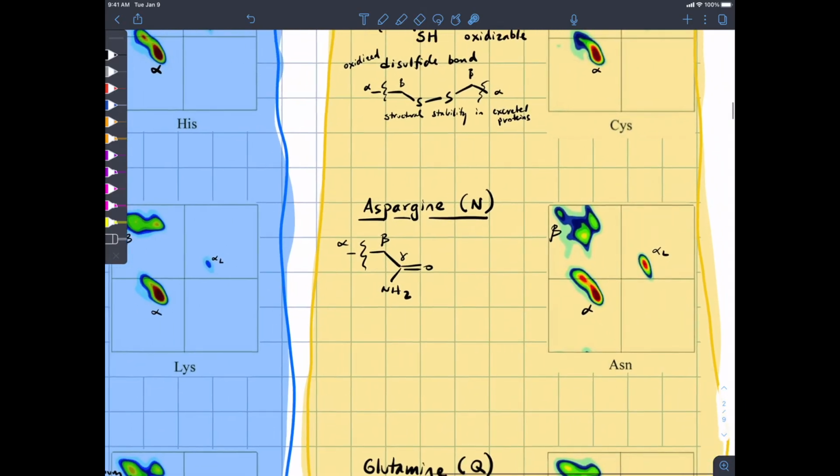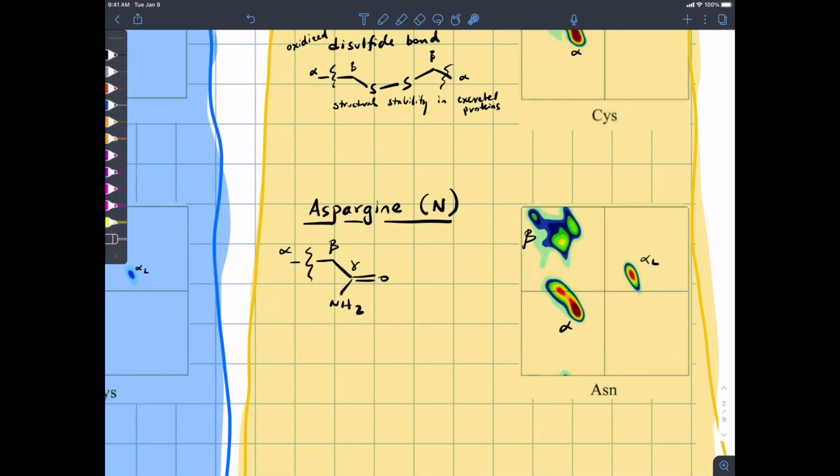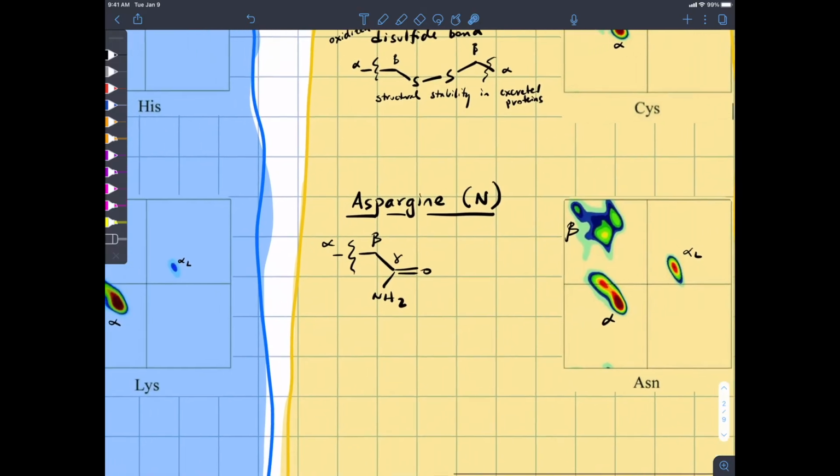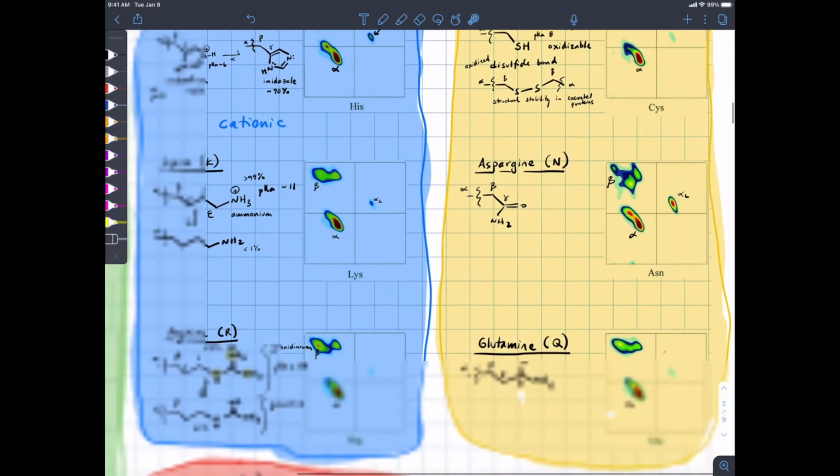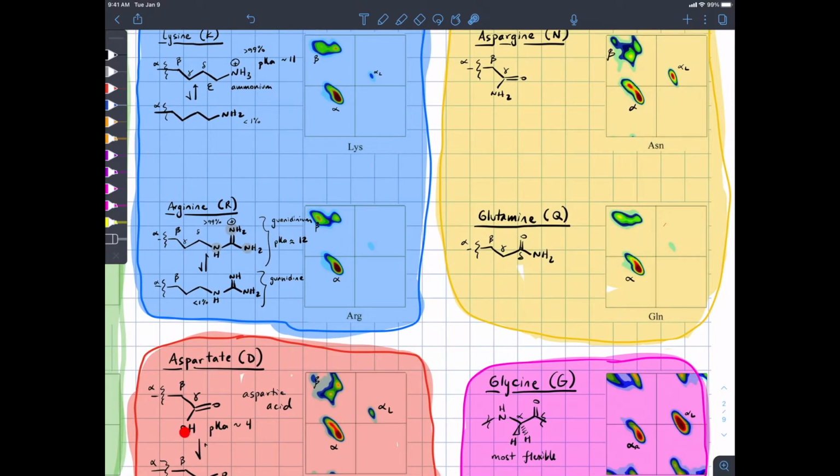Then the other two that are polar but neutral are the amide versions of aspartate and glutamate, so they have similar names. In asparagine, we replace the OH of aspartate with an NH2. This is now an amide functional group. But look at its dihedral angle preferences.